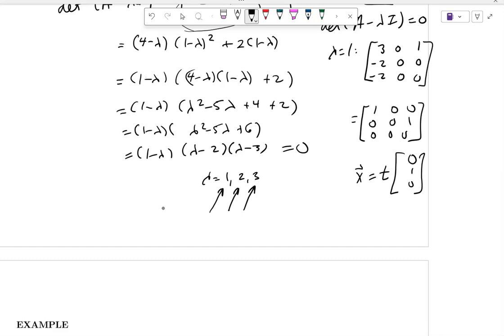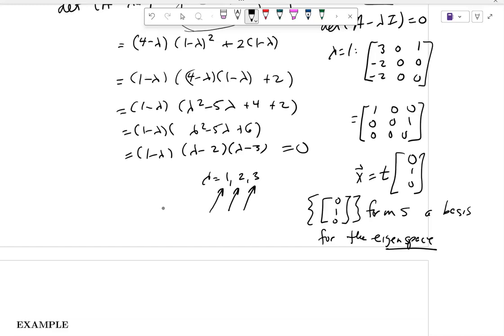So we would say that the vector (0, 1, 0) forms a basis for what we refer to as the eigenspace associated with lambda equals 1.